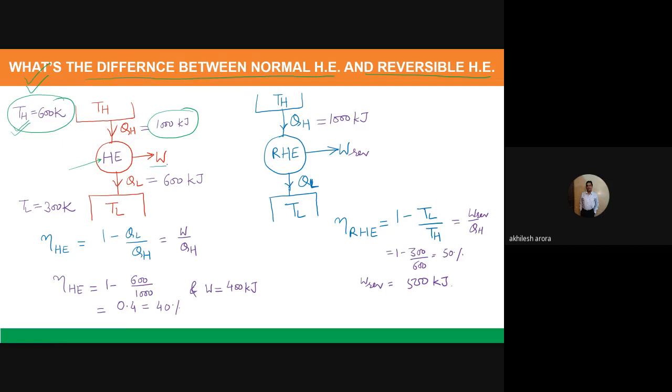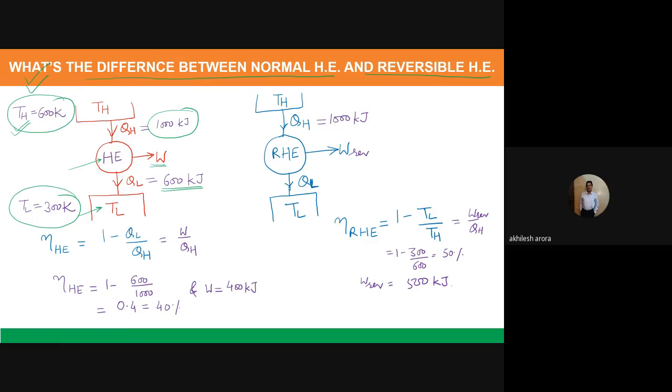This heat engine is producing work W while rejecting heat QL, which is equal to 600 kilojoules, to the sink, which is maintained at a temperature of 300 Kelvin. We would like to see how this heat engine is different from a reversible heat engine.